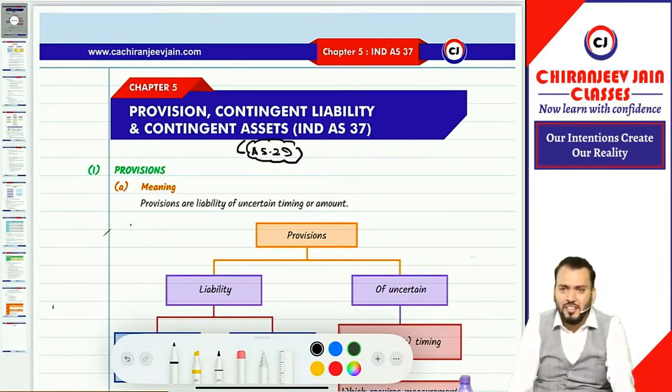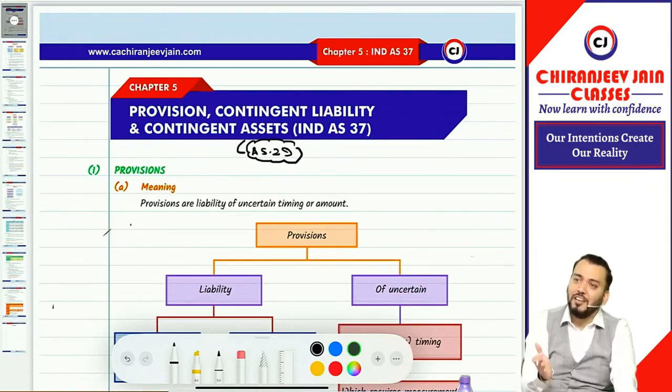Whether provisions are certain or also uncertain? How many are saying provisions are certain? Provisions certain or uncertain? Certain, uncertain? Doubt or doubtful? Doubtful, right?